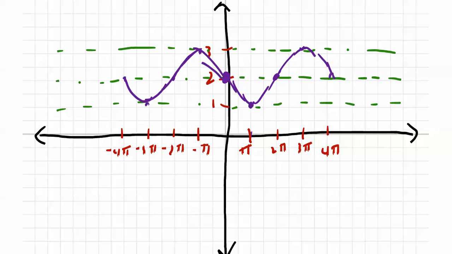Every 2 boxes is pi. So pi over 2 would be one of the boxes. Okay, so I'm going to go left 1 box for every single point. So the point is going 1 box to the left.